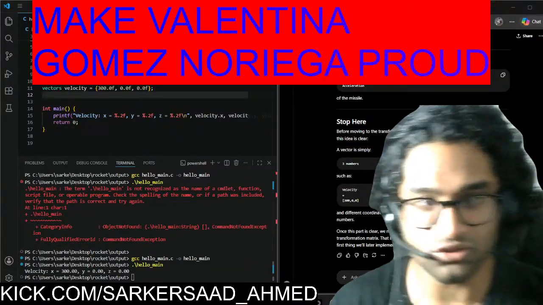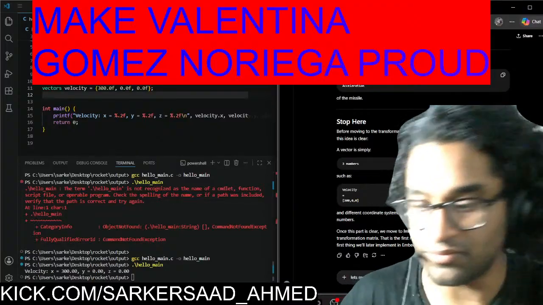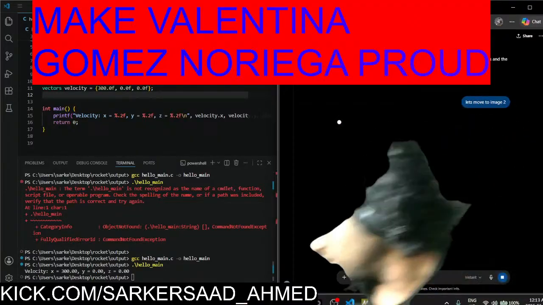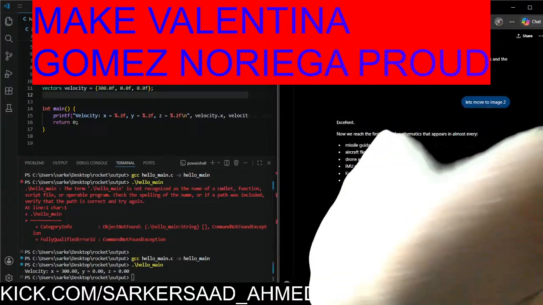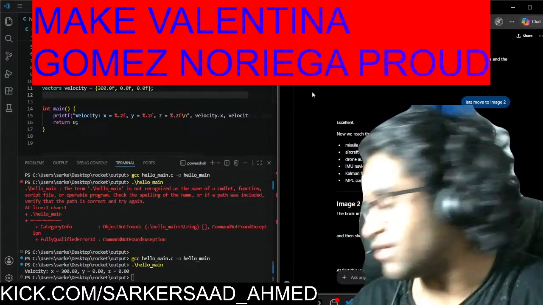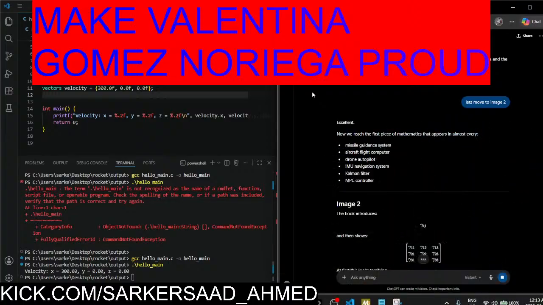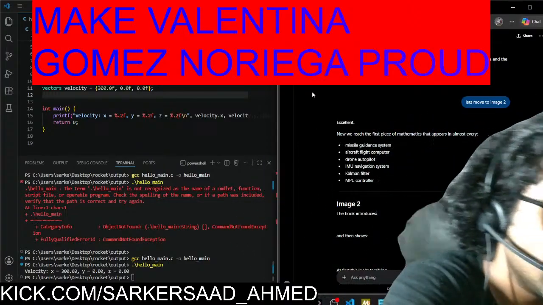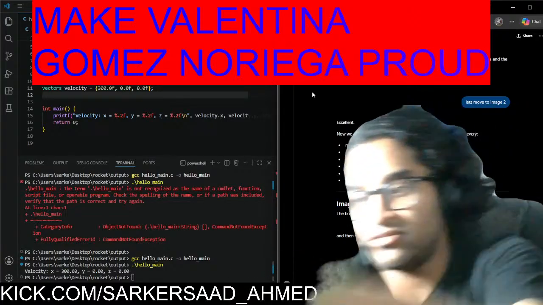Let's move to image 2. I'm going to leave this iPad somewhere else, it's getting kind of annoying. Oh man, I need the iPad. We're just going to move the mouse here.